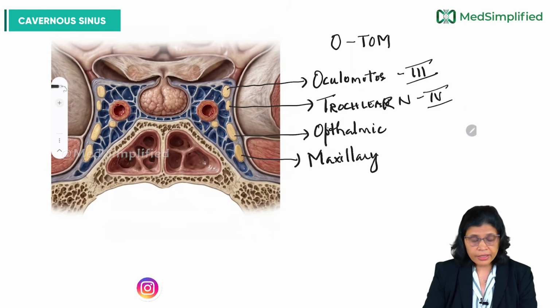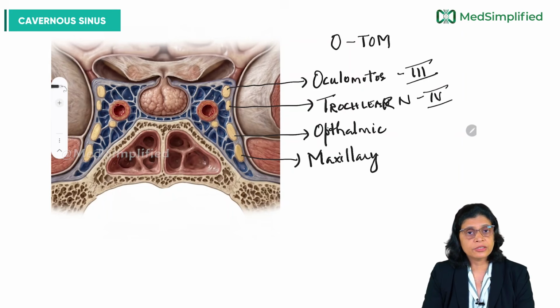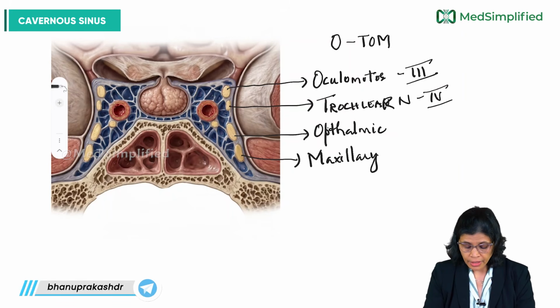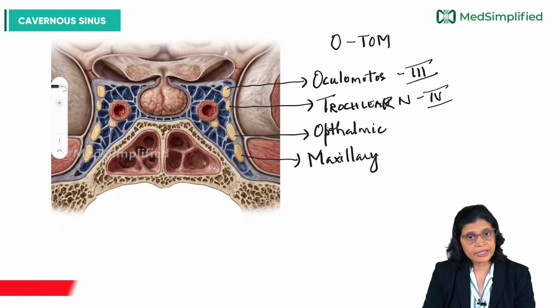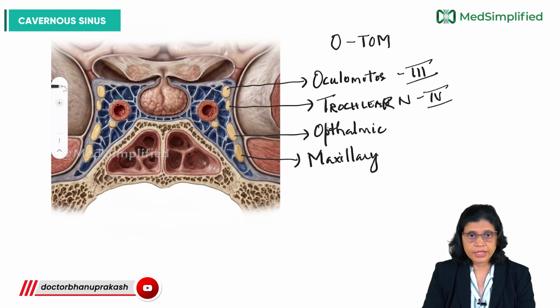The oculomotor leaves the sinus by passing through the tendinous ring of Zinn, dividing into its two divisions. The trochlear nerve leaves the cavernous sinus and passes through the lateral part of the superior orbital fissure. The ophthalmic leaves the sinus by dividing into 3 branches: the lacrimal, the frontal and the nasociliary.